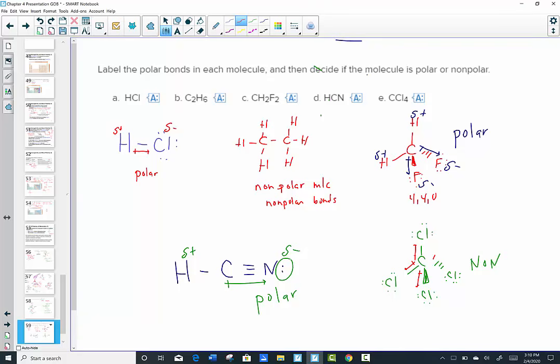It's just that all the distribution is going in equal directions. Because it's a very symmetrical molecule, it ends up with an equal distribution of electron charge all around the entire structure, making it a non-polar molecule.